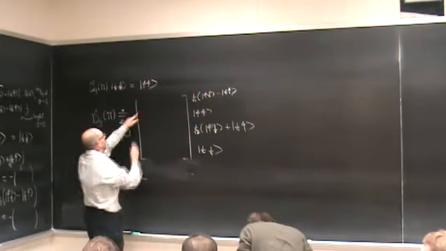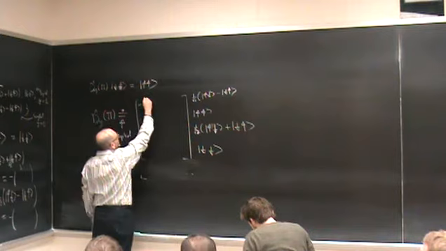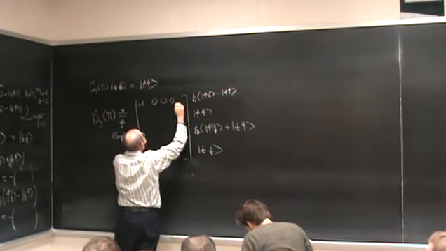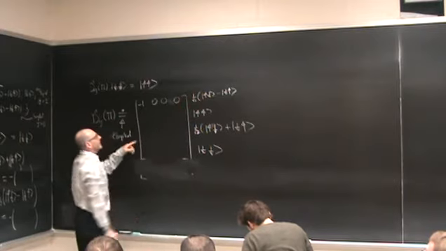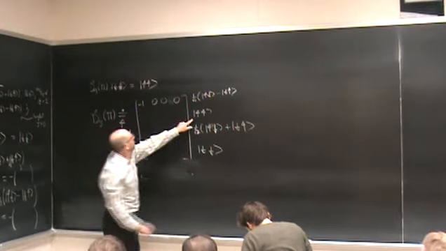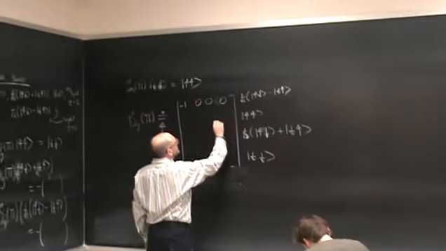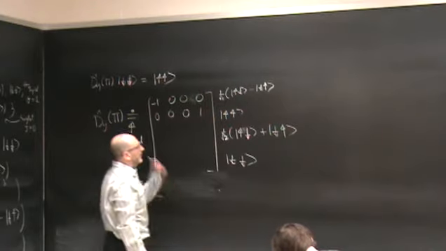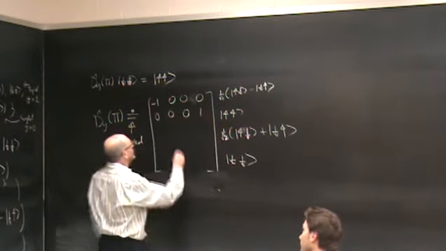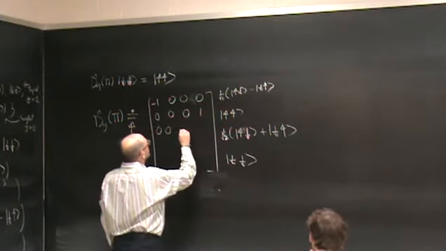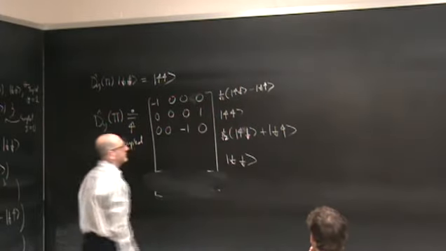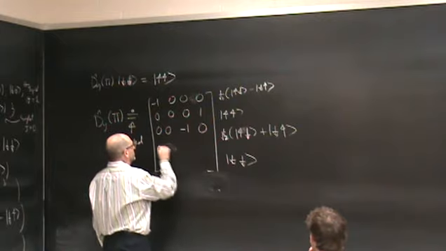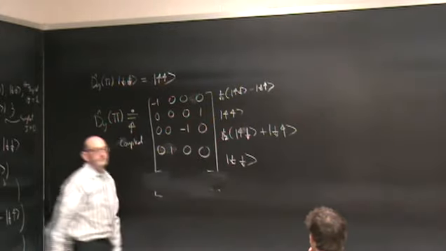So this matrix takes the singlet back to itself, it does nothing. This guy takes this state to this state. This guy goes back to itself with a minus 1. And this guy goes to this guy.